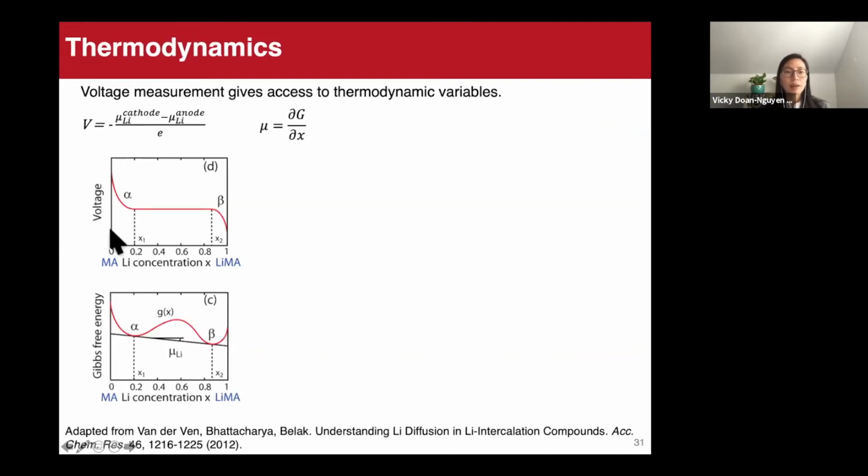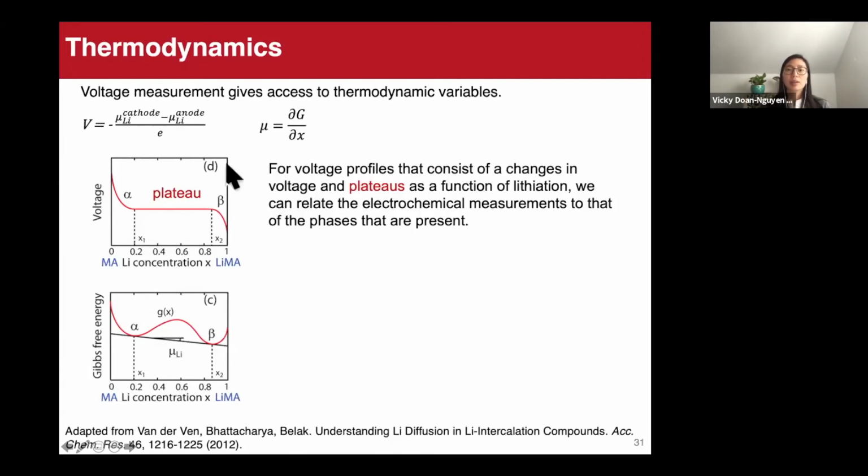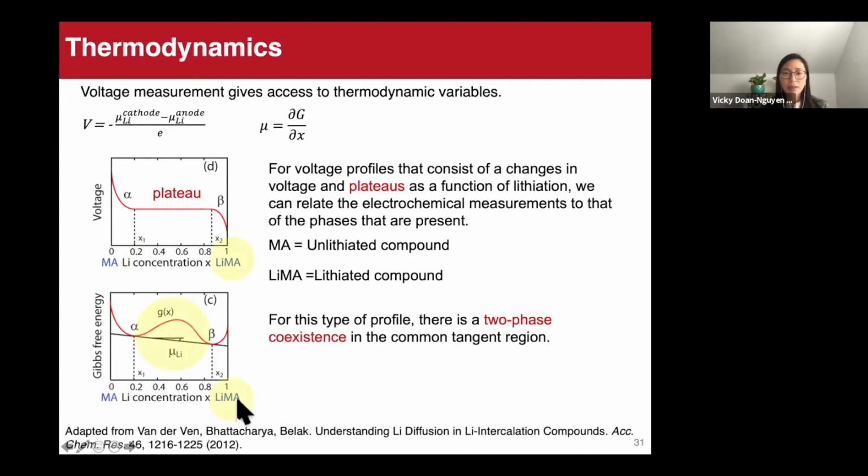Let's say you have a voltage profile that has a plateau in it. The same equations apply. So if there's a plateau, you could see that here, between X1 and X2 compositions, you can relate that to the number of phases that are present. So you can see here, there's a common tangent line, and MA is the unlithiated, LiMA is fully lithiated.